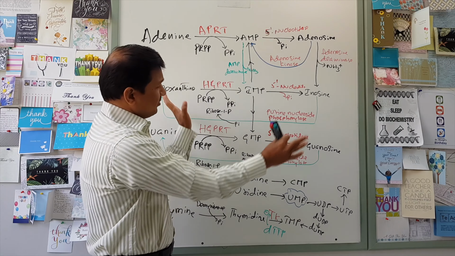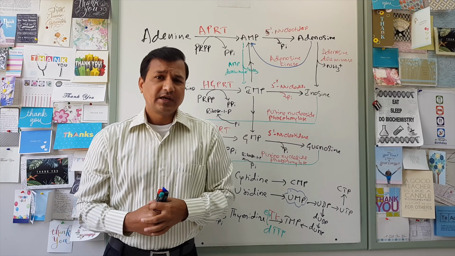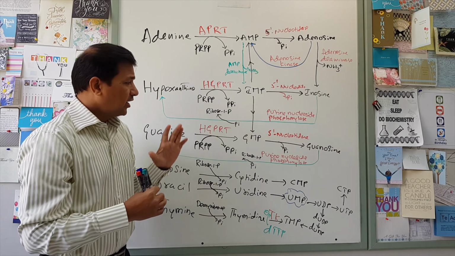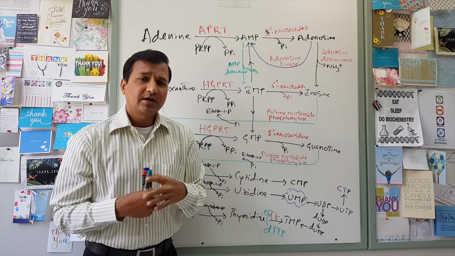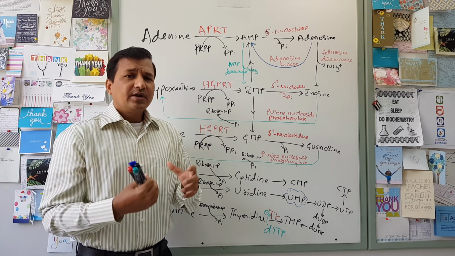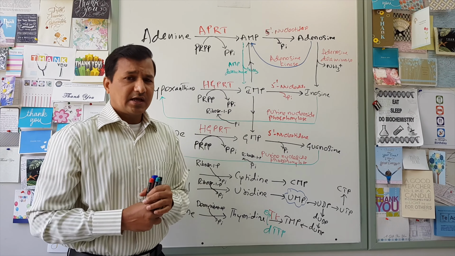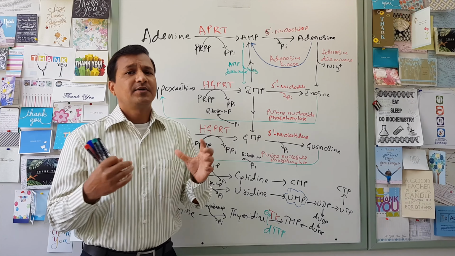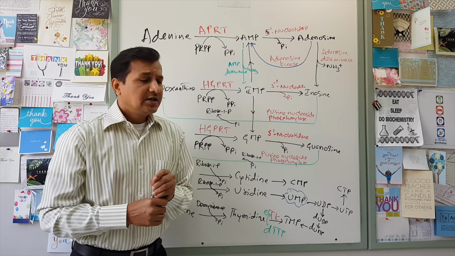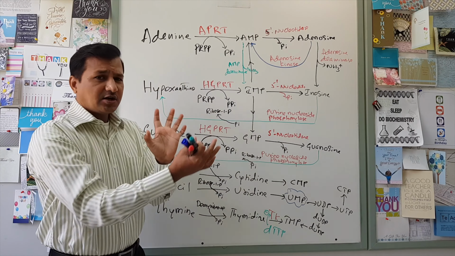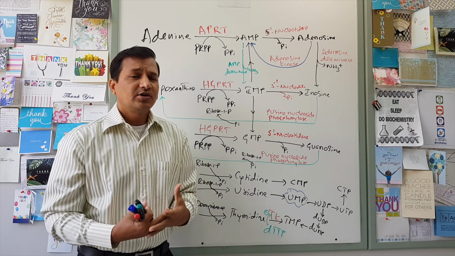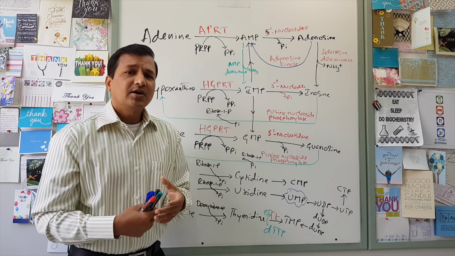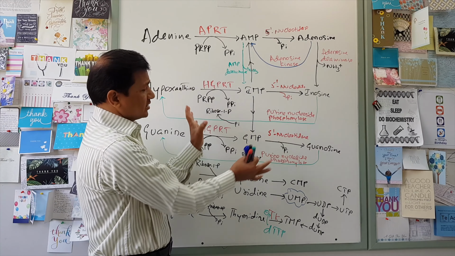So this is all about the purine salvage pathway and the pyrimidine salvage. I hope this video has helped you in understanding how the purines and pyrimidines undergo the salvage process, thereby saving time and energy for the cell. This is basically interconversion of free bases, nucleotides, and nucleosides, depending on the cellular needs and using specific enzymes.